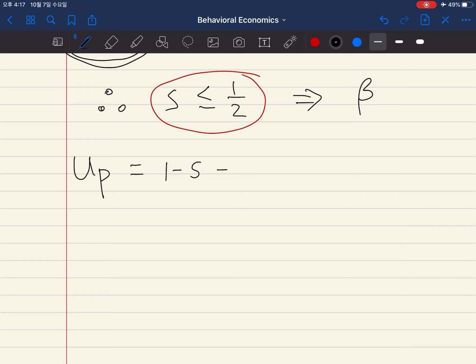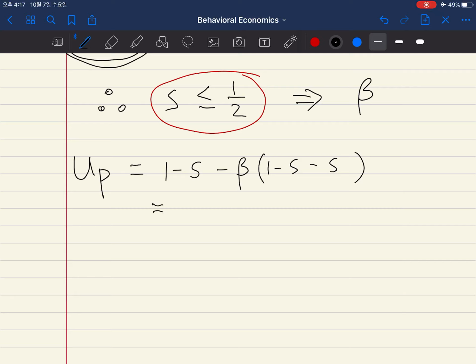In particular, the proposer is going to get more than the responder. So the proposer is going to feel compassion. So we have a beta term, and the extent of inequality is the proposer's share minus the responder's share.